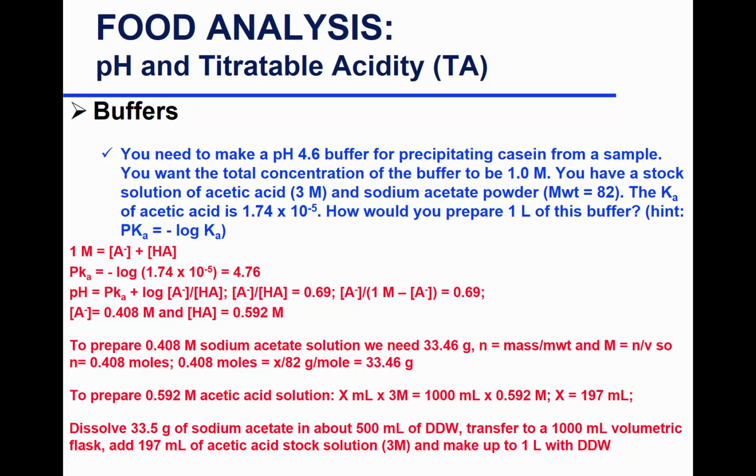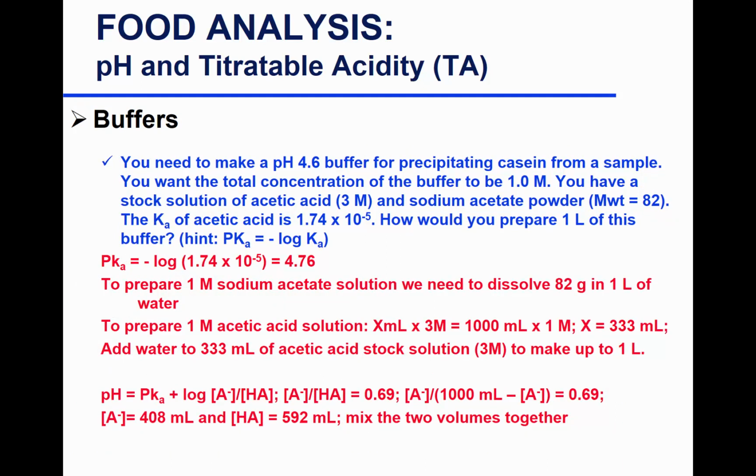Okay. Now, in the lab, you're going to prepare the buffer a little bit differently. And I think that way is simpler. So the way we did it in the lab, and that's the calculation you're going to make before you come to the lab on Wednesday, is we prepared a 1 molar.